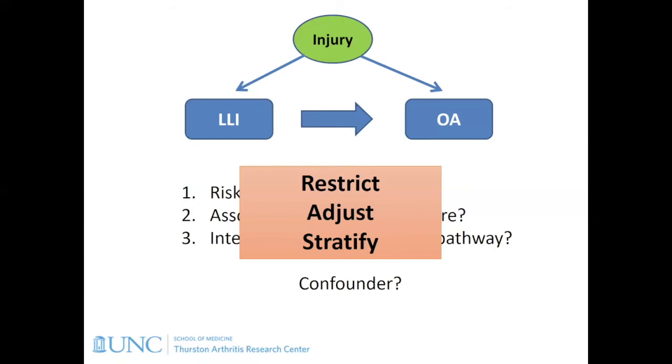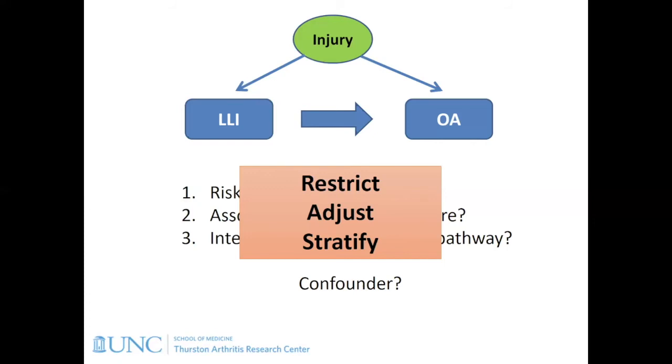If I have a lot of participants in a study, I don't want to take some of them out. So usually the approach that I end up doing is either adjusting or stratifying so that I still keep all participants in my study, but then I can account for what injury may be doing as a covariate to these analyses. So you can use statistical models where you include injury as a covariate.